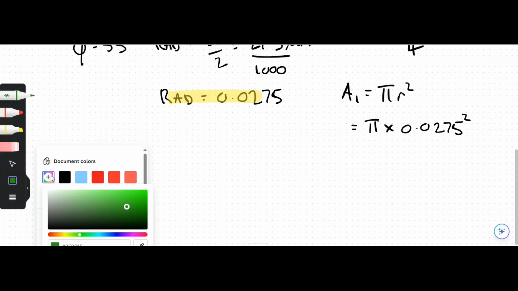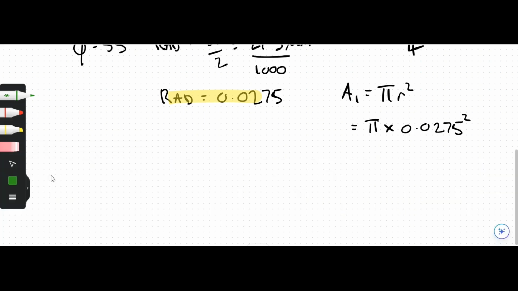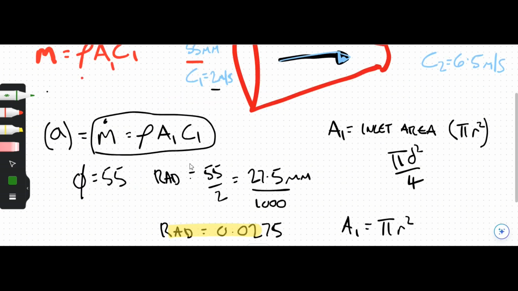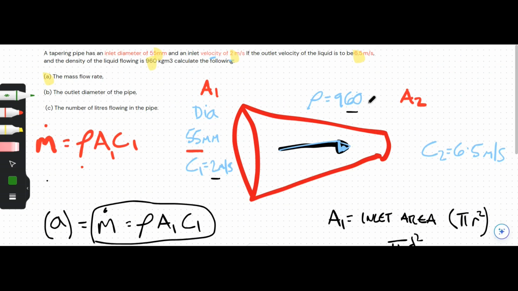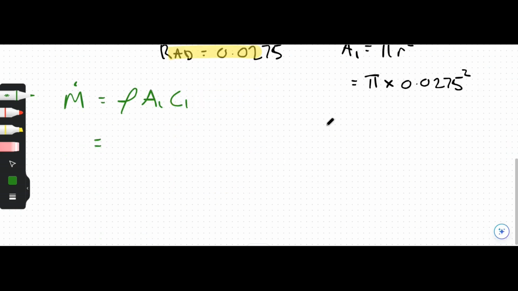Okay, so mass flow rate is density A1 C1, and we know the density is 960. So I'm going to put 960 in, times the A1, which is this.